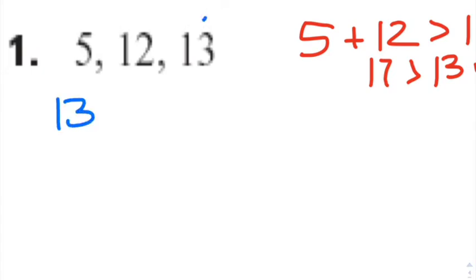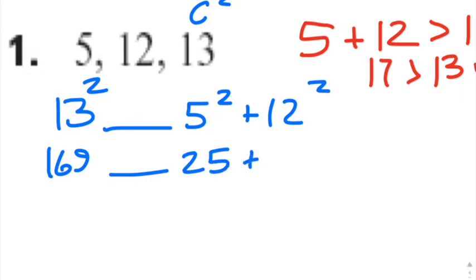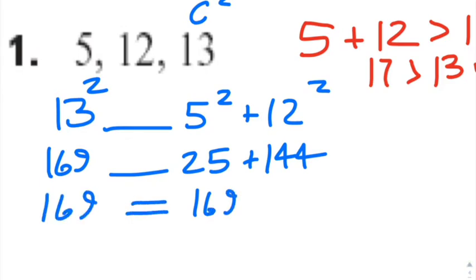We're going to take the c squared, or the longer side, and figure out: is it greater than, less than, or equal to the sum of the squares of the other two sides? So 13 squared, that's 169. 5 squared is 25. 12 squared is 144. When you add those, you do get 169. So we can say 169 equals 169. When that happens, you have a right triangle.